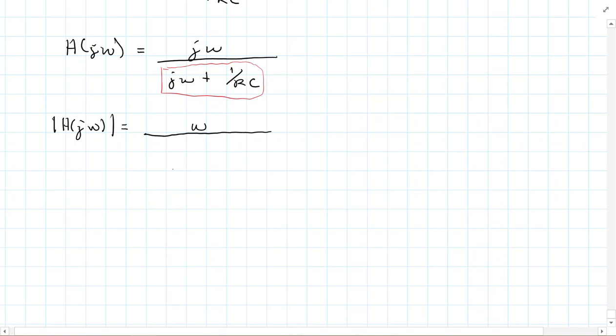But then remember, what we have to do, the denominator would be the square root of omega squared plus 1 over RC squared. And yes, it would actually be the quantity 1 over RC squared, but if I do 1 squared, I get 1. So I'm just going to write it as 1 over the quantity RC squared. All right, now before I can do this, I have to think about what is H max.